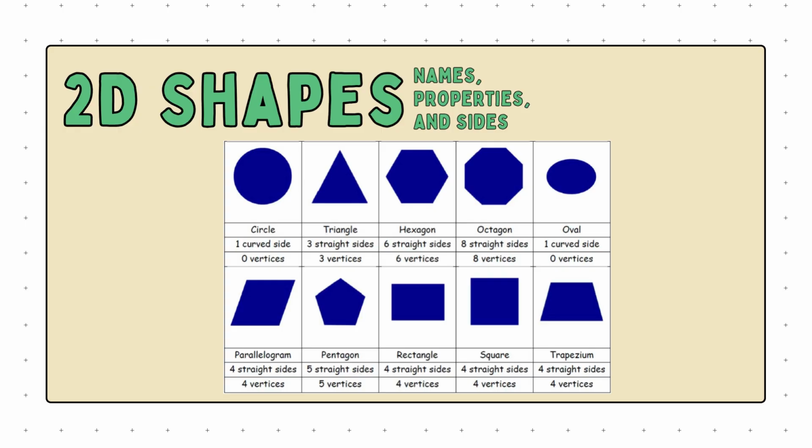A rectangle is very similar to a square. It also has four right angles, but the opposite sides are equal in length, not all four sides. It looks like a stretched square, basically.